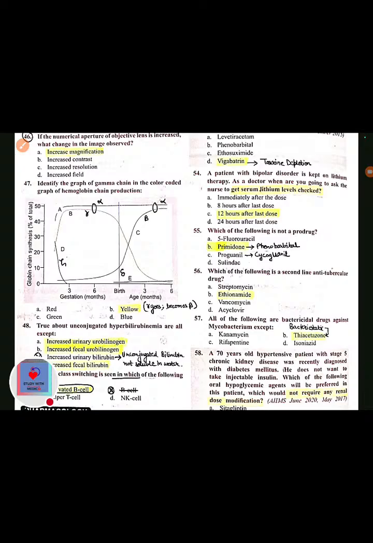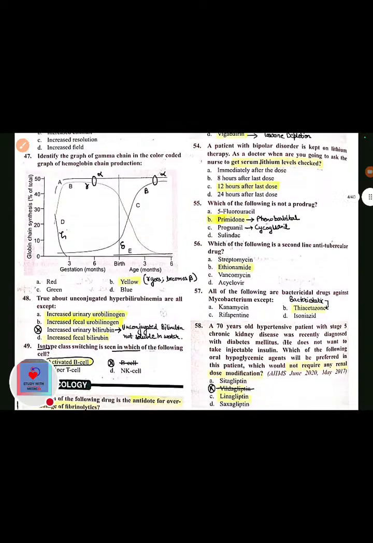Graph of gamma chain in the color coded graph of globin chain production. Unconjugated bilirubin is not soluble in water, so it is not found in urinary bilirubin.